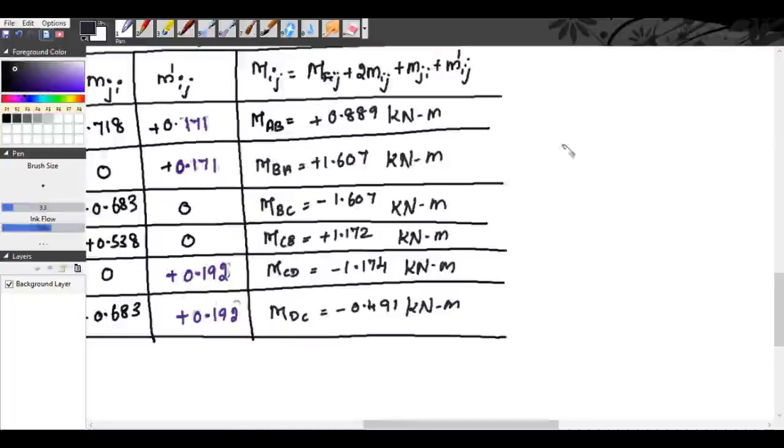So how will we draw our bending moment diagram? For the span AB, it is positive, so clockwise, pointing towards the right. BA also clockwise. So our bending moment diagram will be like this.